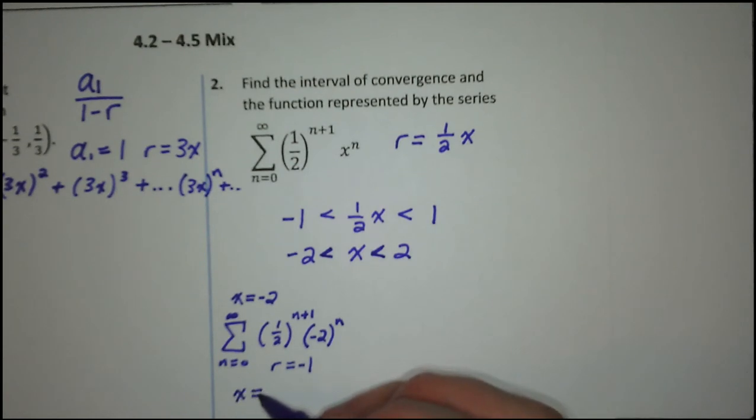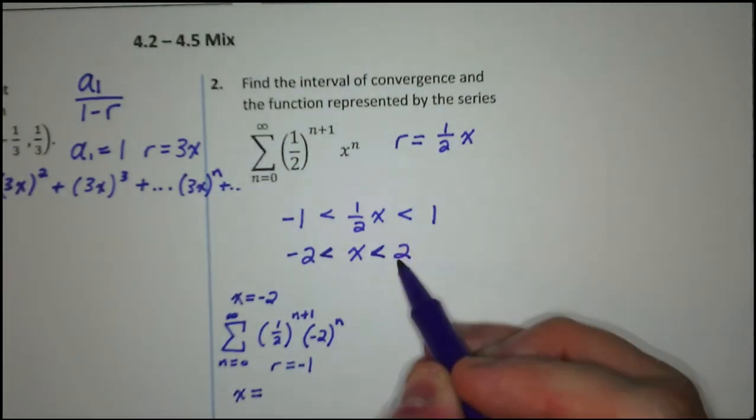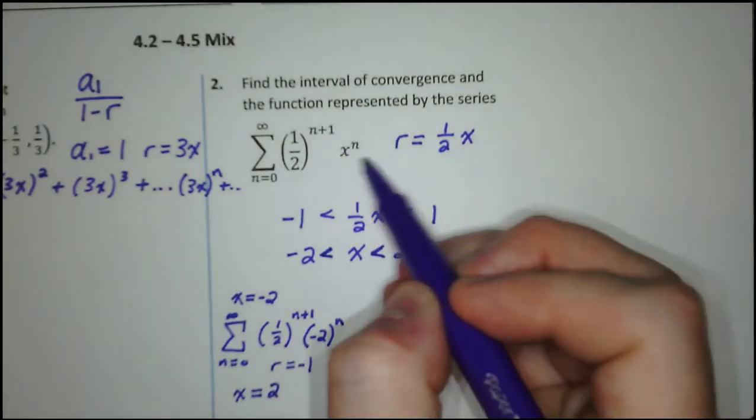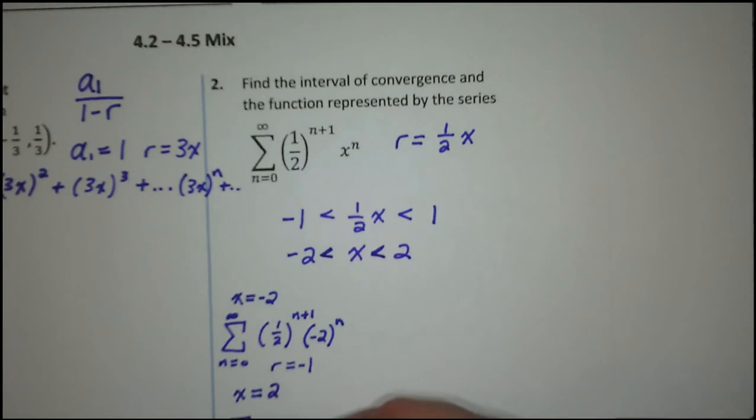What if our other endpoint was exactly 2? If we plug in +2 for x, I'm not even going to write that right now, we end up with literally 2 to the n.